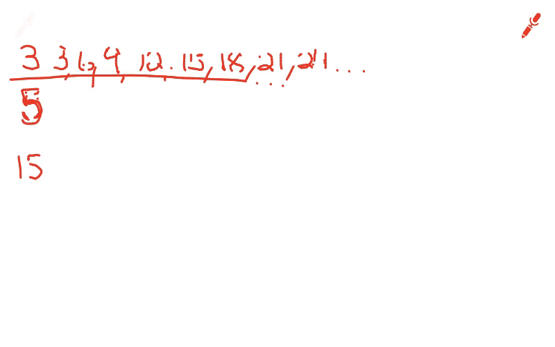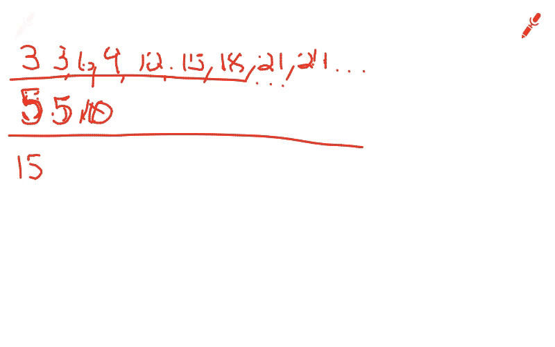Let's try this. And then our multiples for 5 now will be 5, 10, 15, 20, 25, 30, and we'll stop there.